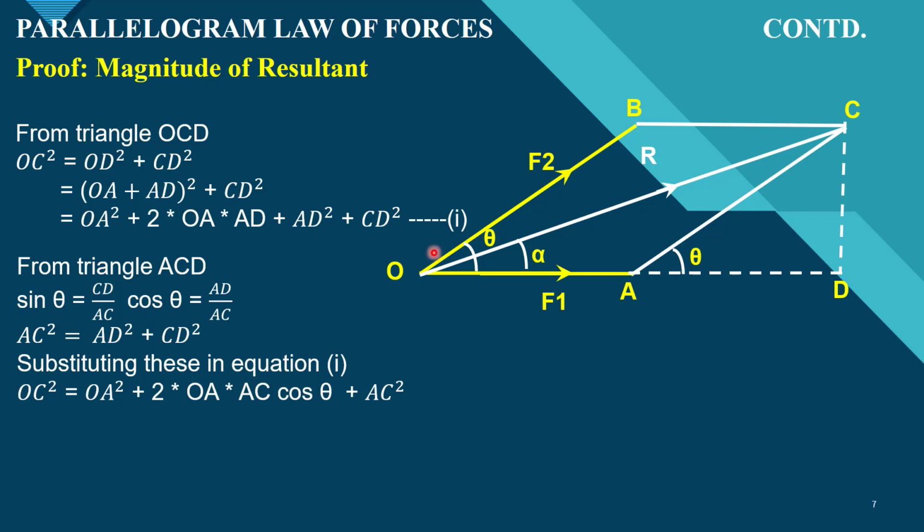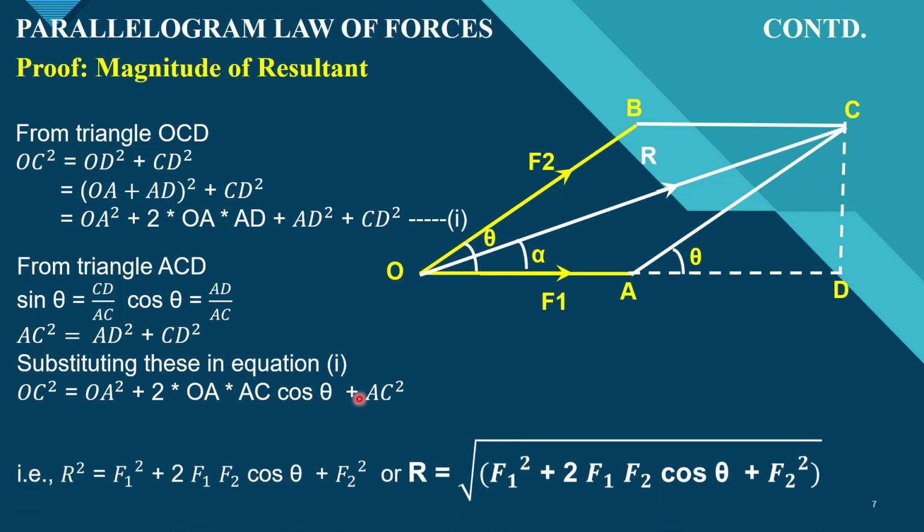Now what is OA? OA is F1, right? What is AC? AC is this side, right? We know that for a parallelogram, AC will be exactly equal to OB. Now what is OB? OB is F2. So definitely AC also will be F2. And what is OC? OC is R. So our equation becomes R square is equal to, instead of OA we can write F1, and instead of AC we can write F2.